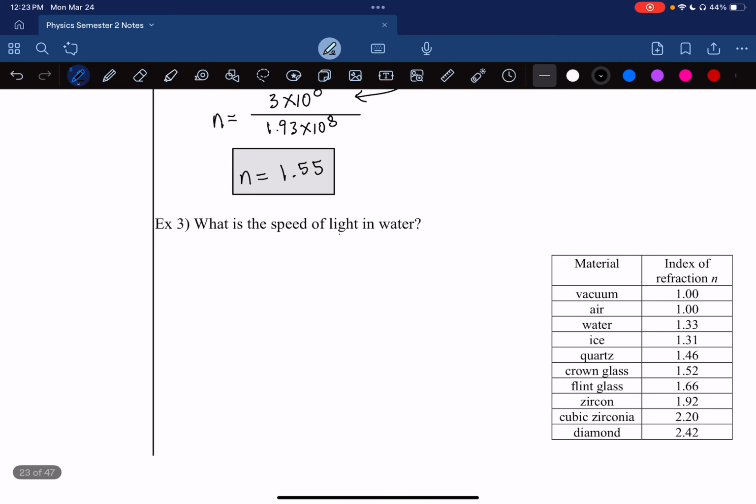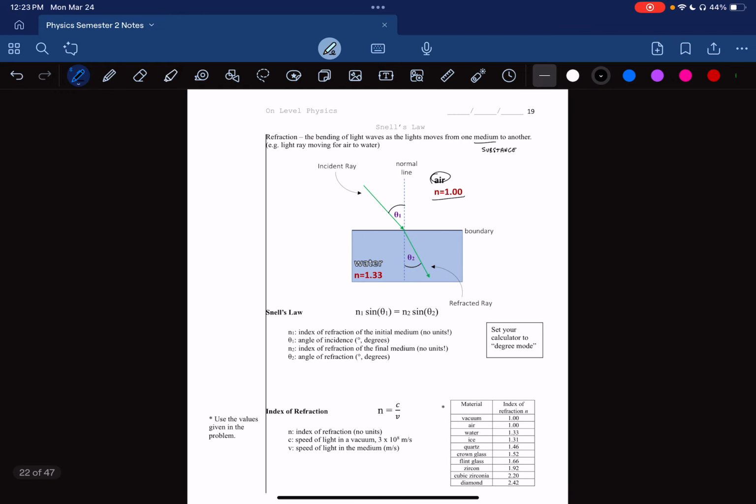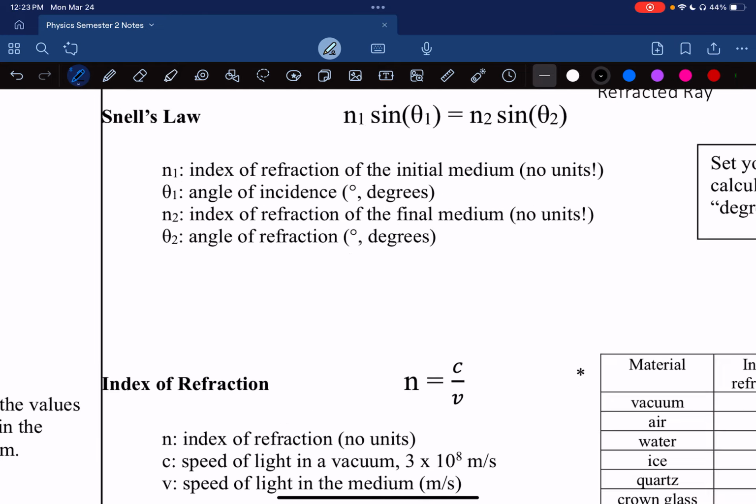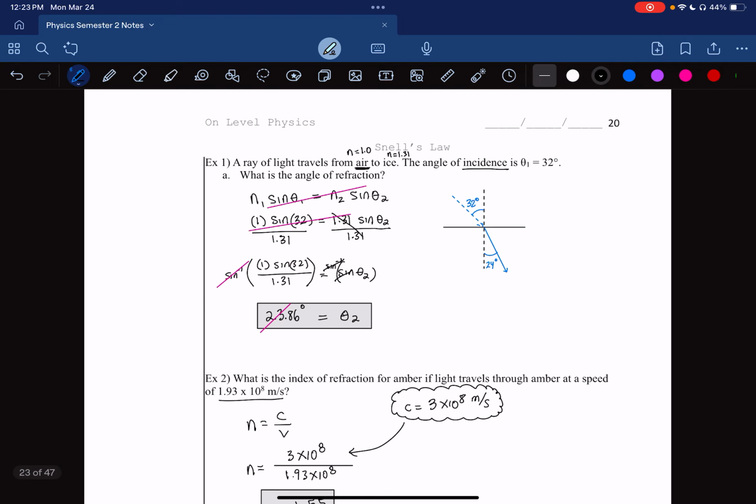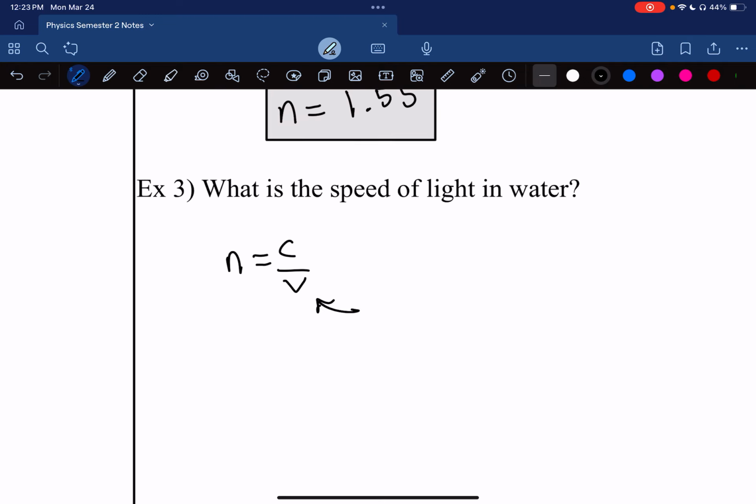Cool. What is the speed of light as it travels in water? Well, we can use this as well, but we're looking in this case for v. v is the speed of light in that particular material. c is always 3 times 10 to the 8. So we are looking for v this time. So before we solve for v, let's isolate v.